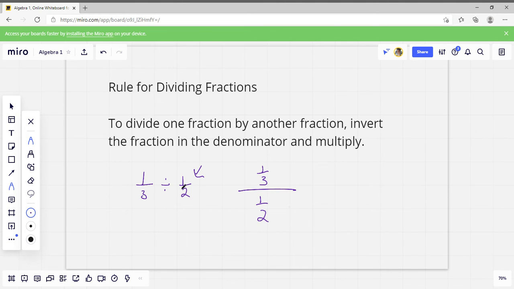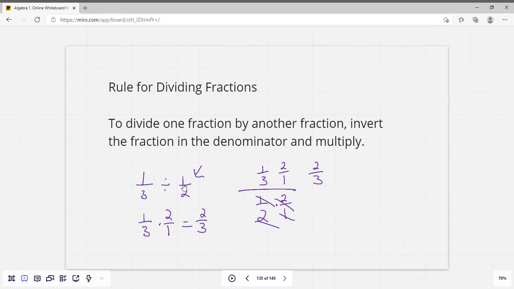This means divided by, so we flip the second one and multiply. Not 2 over 3, 2 over 1. So I just flipped that second one, and I get 2/3. It's just the same thing, just written differently.